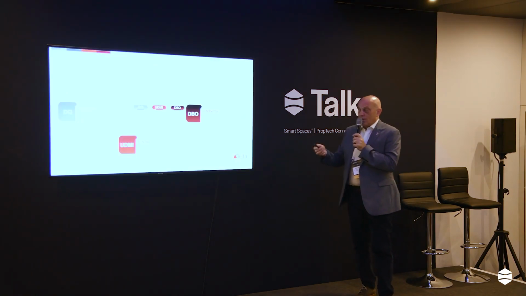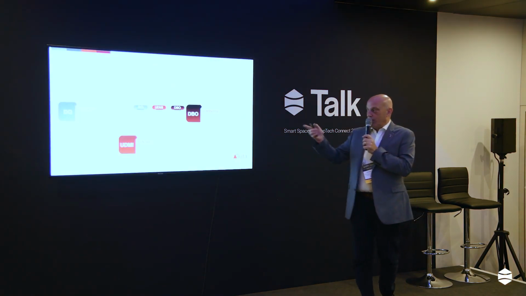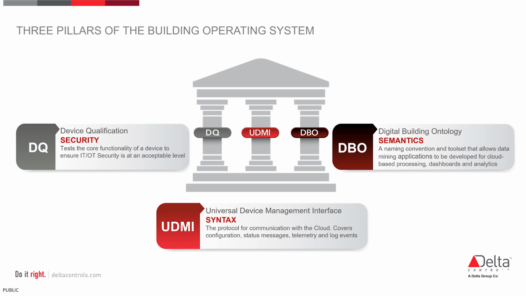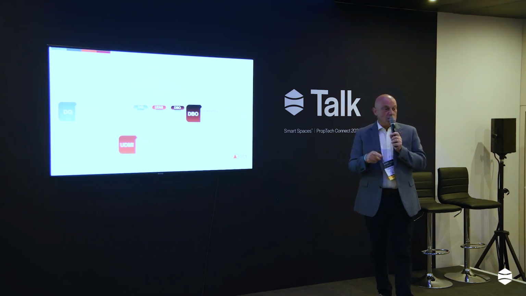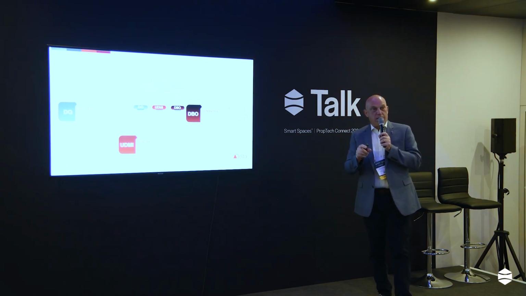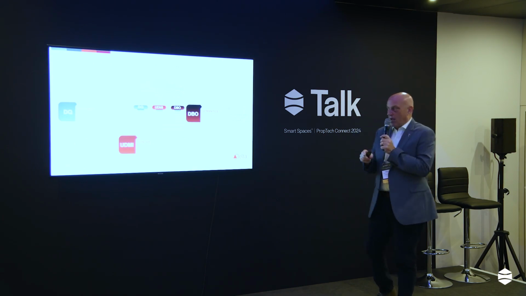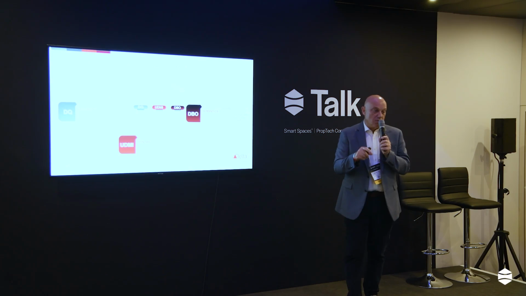So in order to combat that, the guys at Google and Arup and some consultants and some people from the OT, IT and BMS world got together and came up with this concept of having three ways of normalizing the data. Device qualification is about the security of the devices that are connected to a building's network, to a corporate network, in terms of the security of the business.